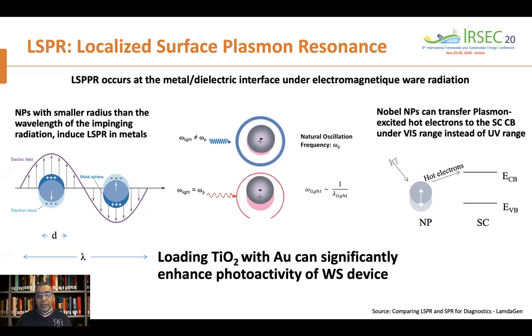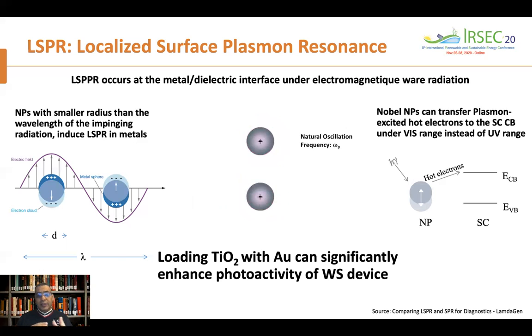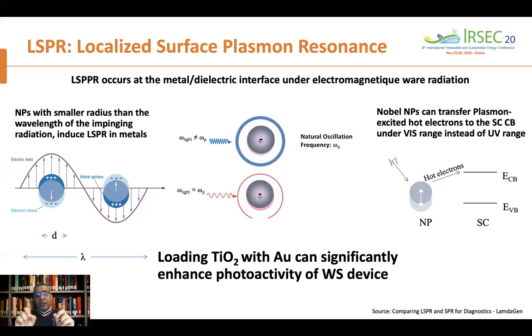The idea is first to make a very nice geometry and design for the material and load it with titanium dioxide, then with gold particles, to make a very good composite material that can trap light in the visible region, across a very wide range of the solar spectrum, and at the same time make the LSPR provide hot electrons to the conduction band.